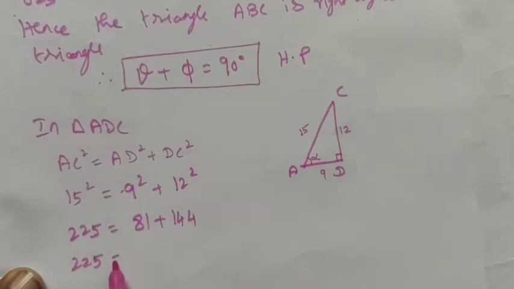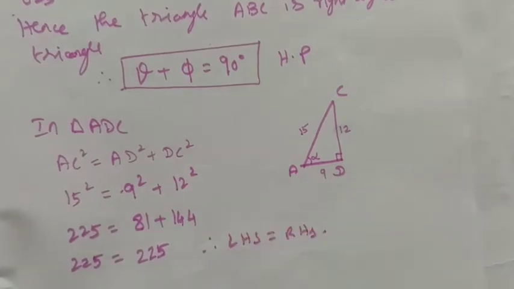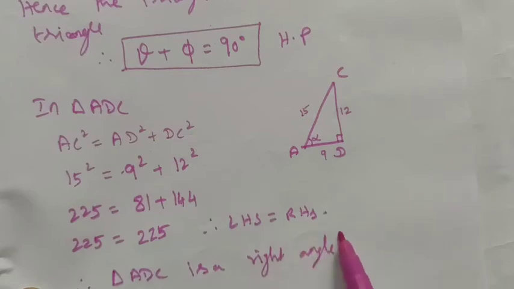The sum of these values is 225. So LHS is equal to RHS. Therefore, the triangle ADC is a right angle triangle.